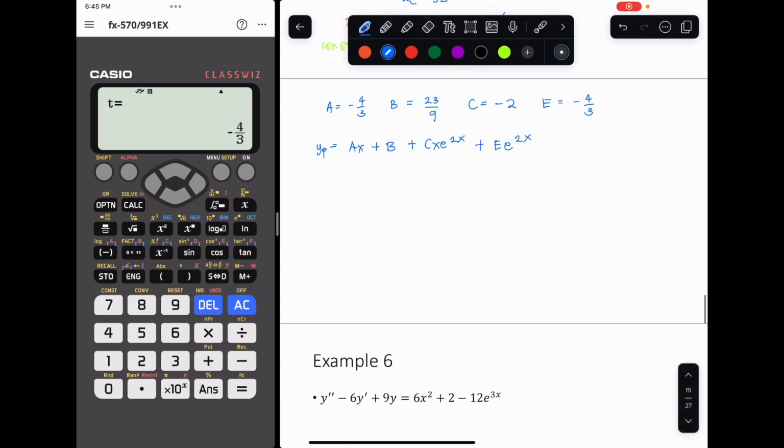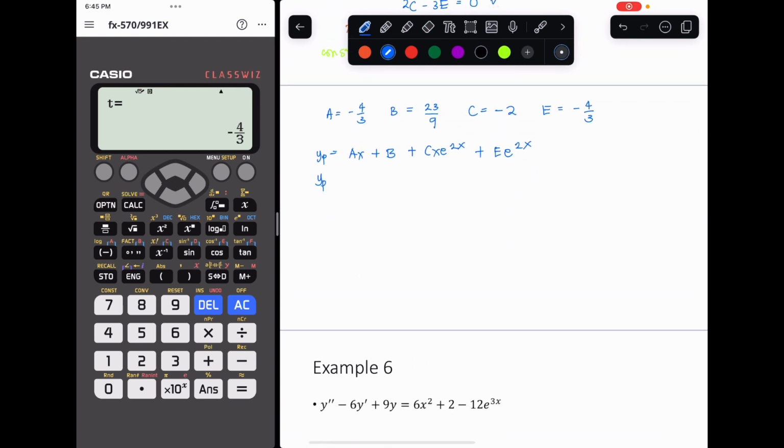So our YP will be negative 4 over 3 x plus 23 over 9 minus 2x e raised to 2x, and minus 4 over 3 e raised to 2x.